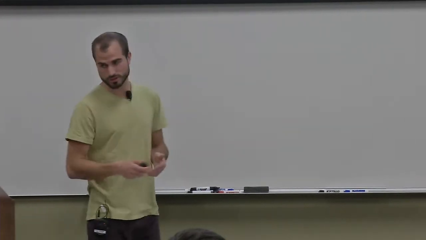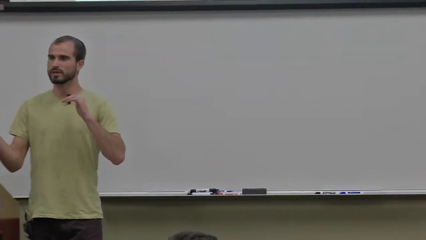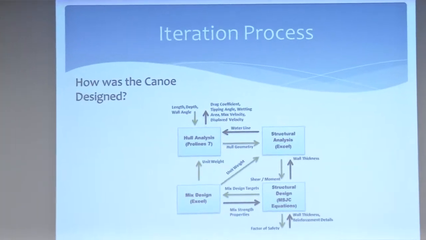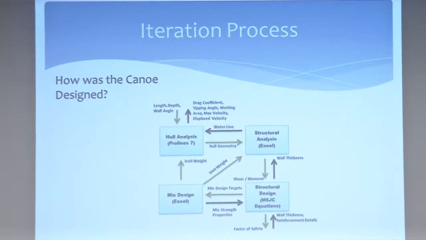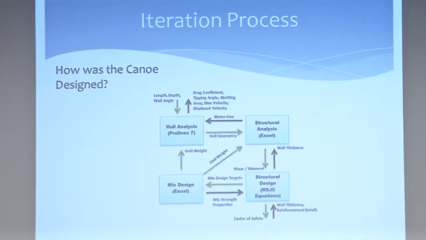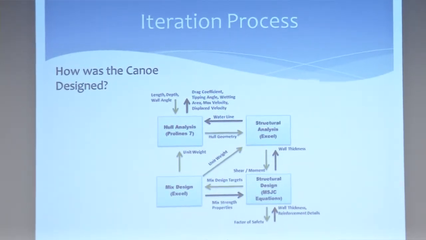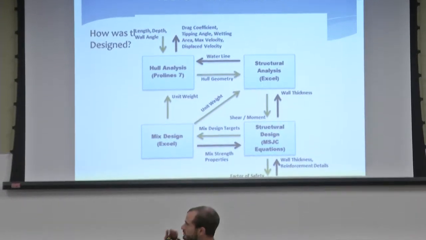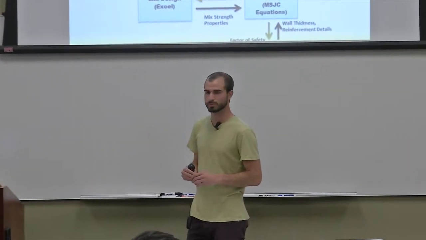So I kind of wanted to first give a little background about how we designed this canoe, the engineering aspect to it, before I actually go into the competition and what we did at the competition. So just to give you a little snapshot, we broke this down into 4 different components.